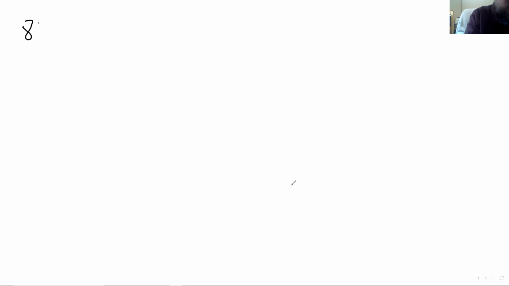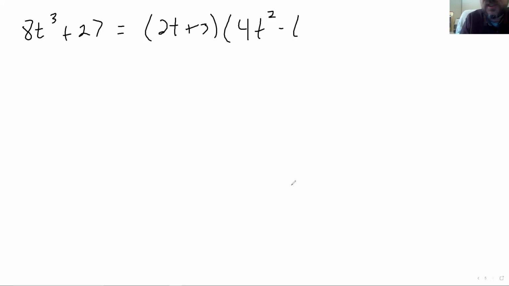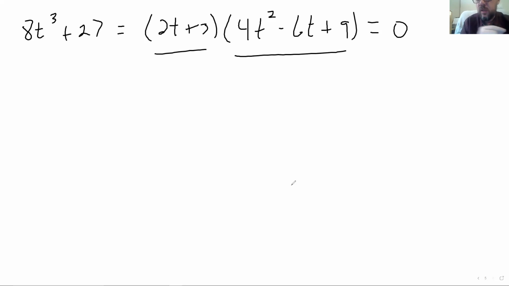So I'm going to have 8t cubed plus 27, and that's going to be 2t plus 3 times 4t squared minus 6t plus 9. That's how it factors. And so what I'm going to do is set this equal to 0, and then I'm going to use the zero product property. The zero product property tells me that I have two things, this and this, that are multiplied together and giving me 0, so I can set them each individually to 0.